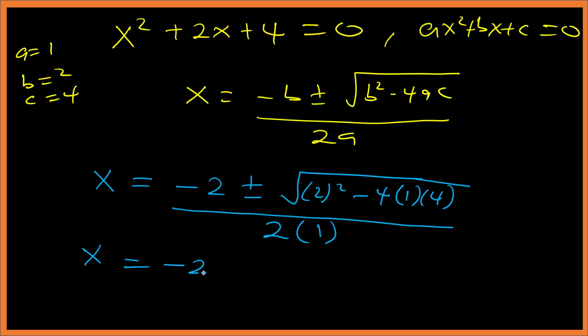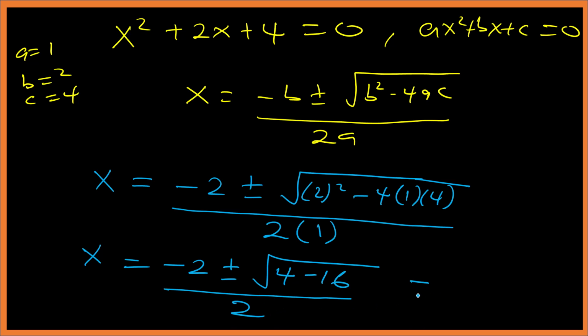So we have minus 2 plus or minus the square root of 4 minus 16, over 2. So this side will be minus 2 plus or minus the square root of minus 12 over 2.